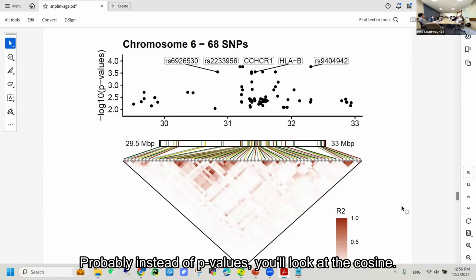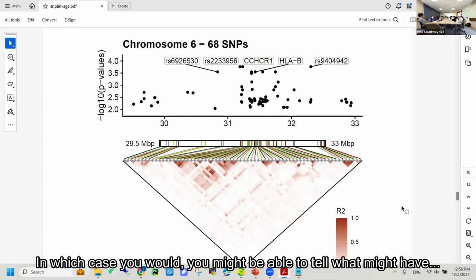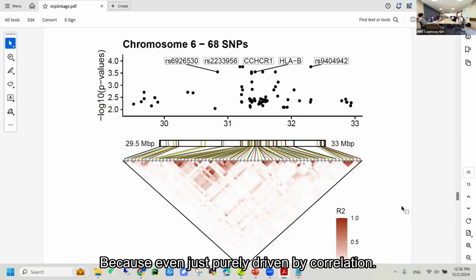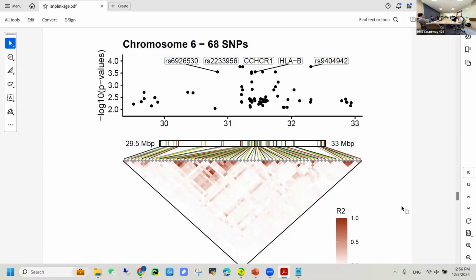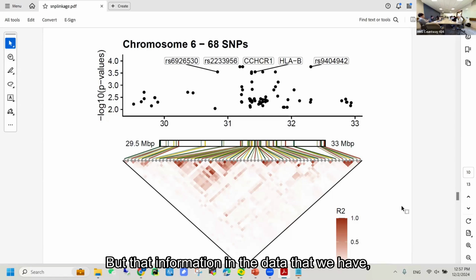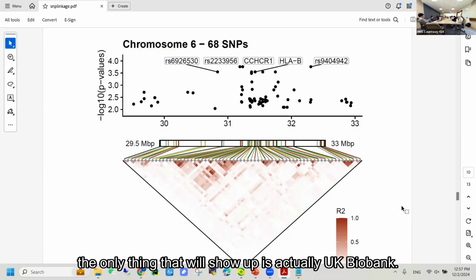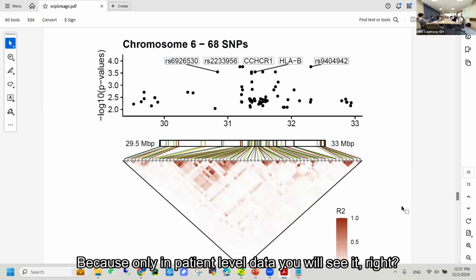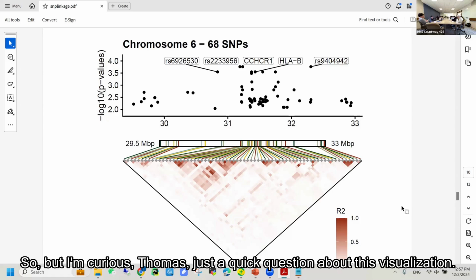On the top, instead of the p-value, you'll look at the cosine. In which case you might be able to tell what might have been purely driven by correlation, if you observe anything in the literature. But that information in the data that we have, the only place that will show up is actually Nucleotide bank, because only in patient level data you'll see it, right?